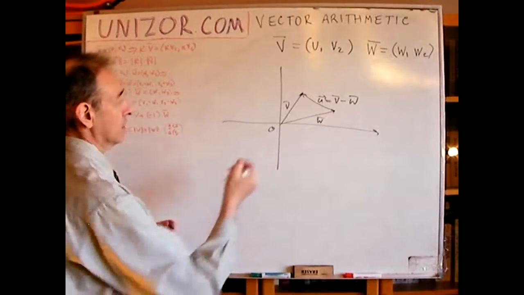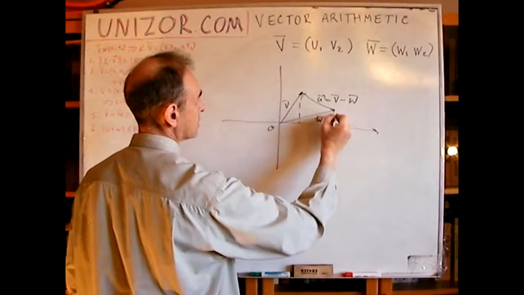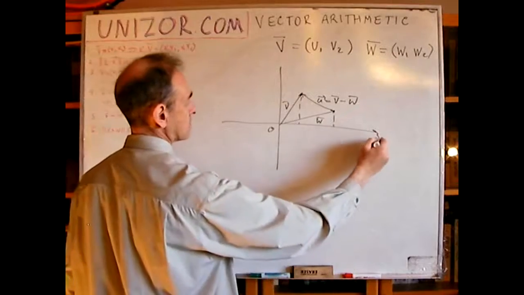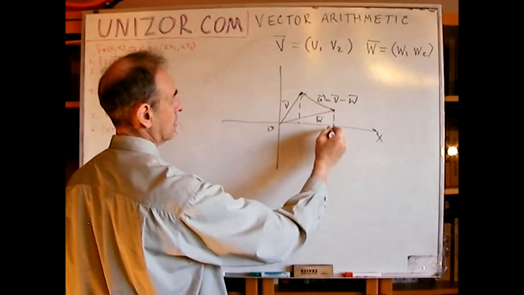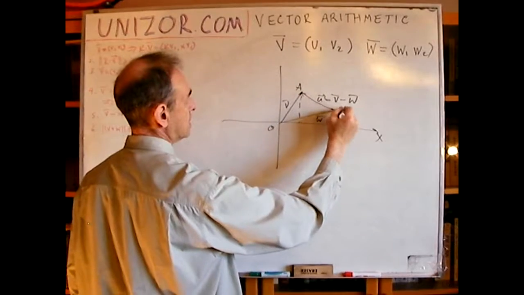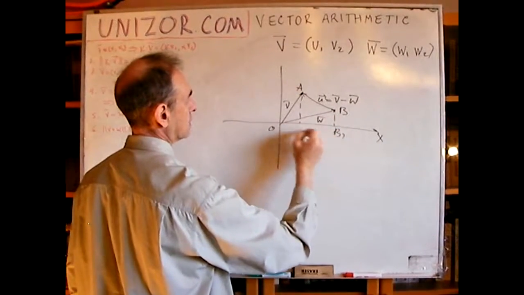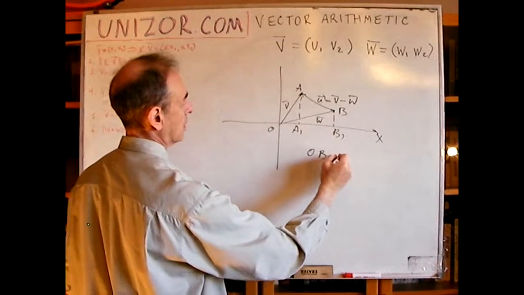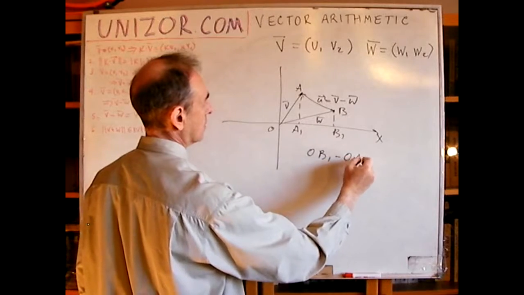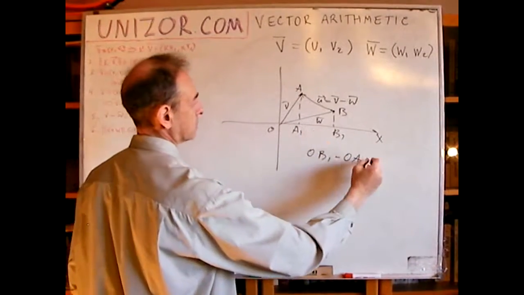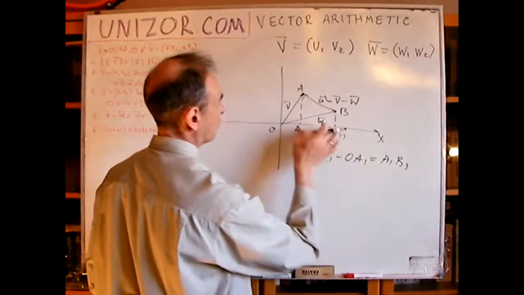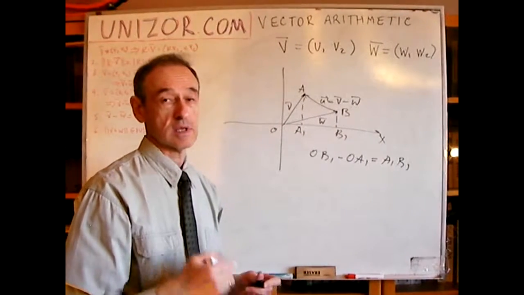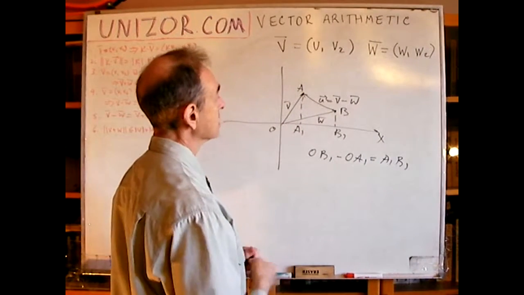That's right. Now, if you compare the coordinates of these points, the projections of these vectors on the x-axis, for instance, then obviously, if this is A and this is B, this is B1 and this is A1, then if you subtract from OB1 the segment OA1, you will get A1B1, which is the projection of this vector onto the x-axis, which is the first x coordinate in the tuple representation.